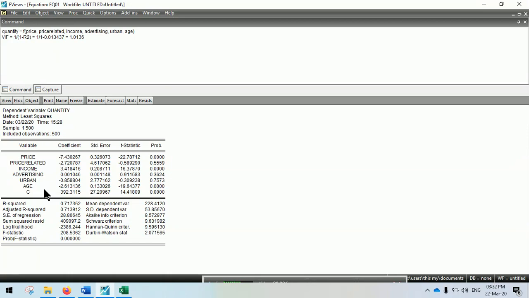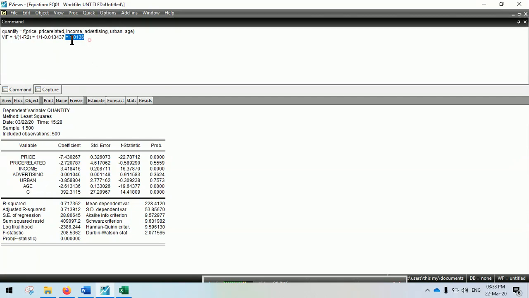bit difficult. So in order to make it easier for us, I'm going to transform all these to a log. Then instead of explaining using the unit, I will explain using the percentage. So those that are not significant, I will drop them, like price, advertising, and urban.